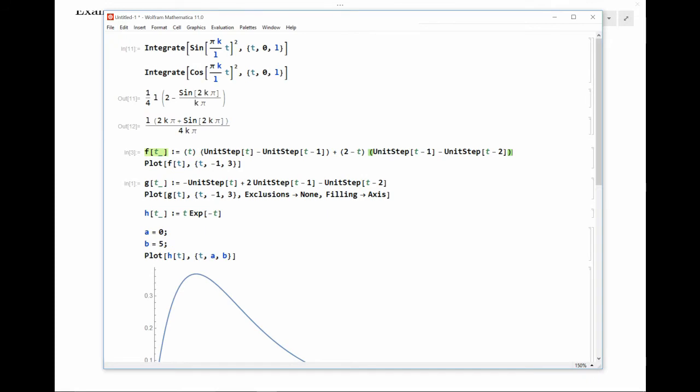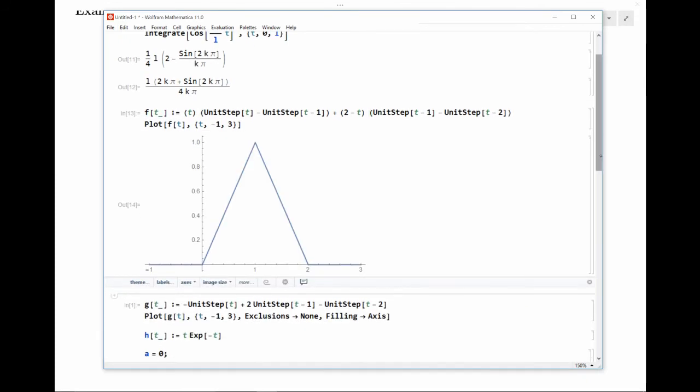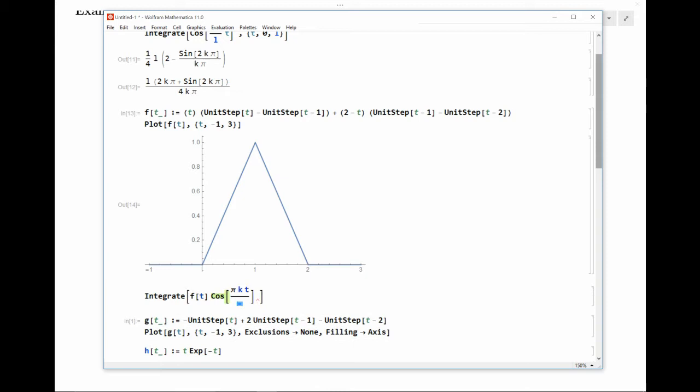I have defined the function, and now it's a shifted function. And now I'm going to integrate the function f of t with the function cosine of pi k t over L, which is 2. And I'm going to integrate for t 0 to 2.